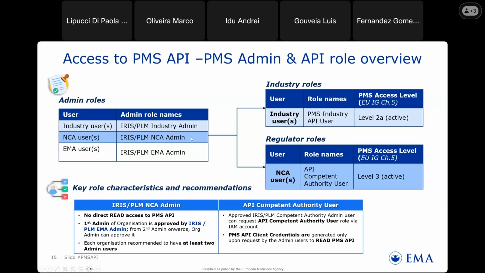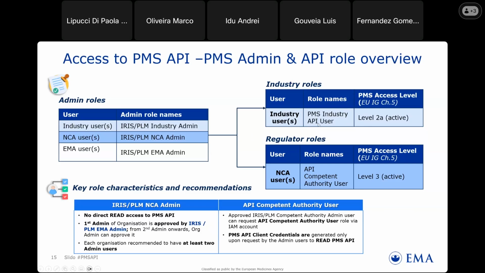This is an administrative role, and it is the only role that allows you to request the access to PMS API. If you request this access, you will see that in your IAM account you will have available a button called Request API Access.